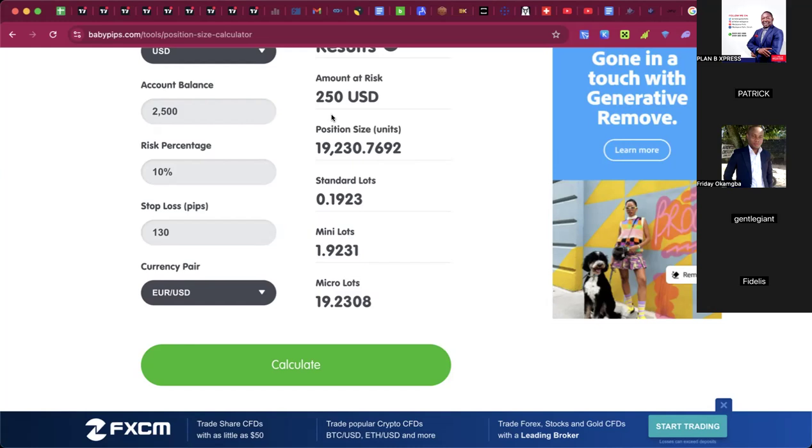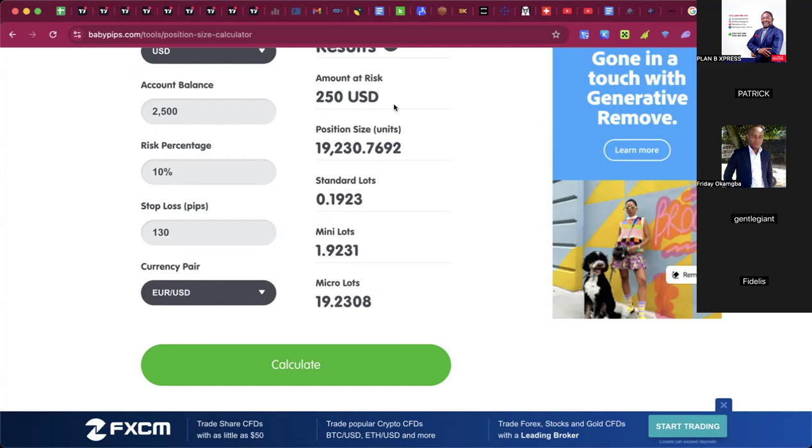If you lose a trade, you lose 250. If you win the trade, you make 500. But if you don't calculate that way and you're just trading anyhow, you can't give account of how much you made at a particular time. And so when you make a loss, it's going to be bogus, like one step forward and ten steps backward.